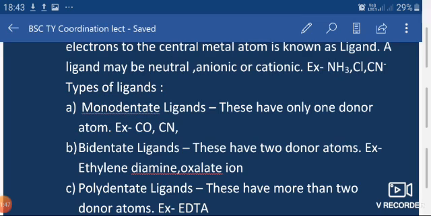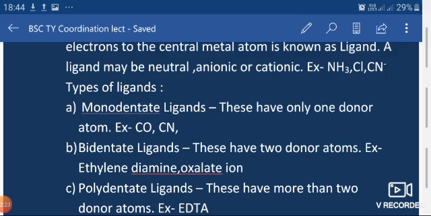Now based on this denticity, if a ligand is monodentate, it can donate just 2 electrons to the central metal ion. If a ligand is bidentate, it can donate 4 electrons to the central metal ion through 2 sides. So the monodentate ligands are the ligands that can bond with the central metal ion through only one donor atom.